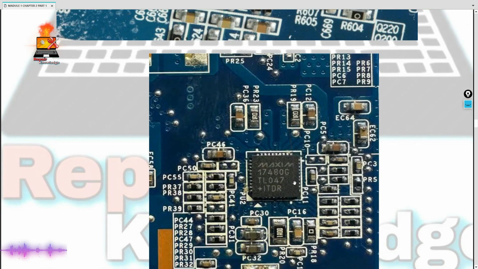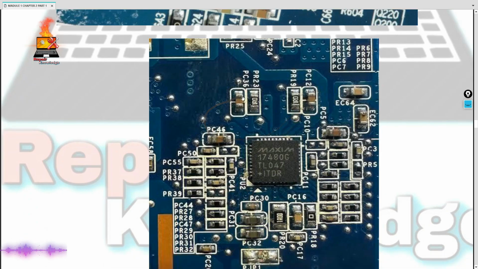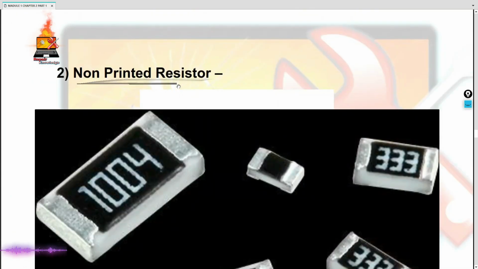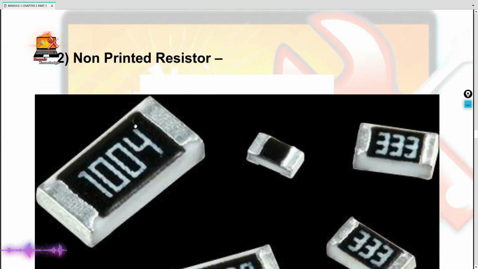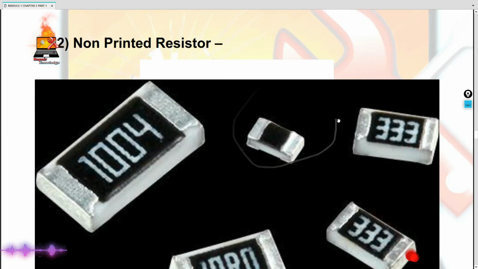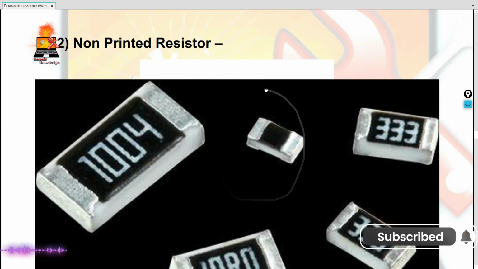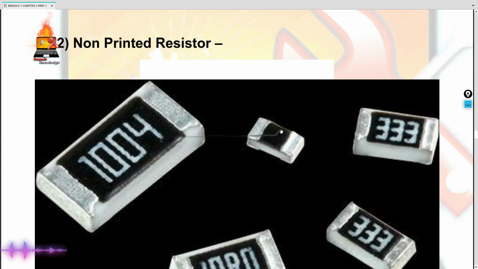Then see here, R409 is given, which is also a location number. This gives us double confirmation that this is a resistor. Here there are also PR20, PR18, and PR23. In this way, we have to recognize on the board that this is our resistor.